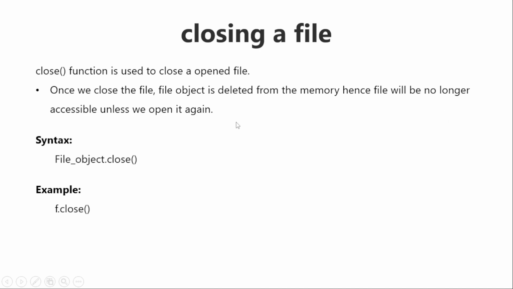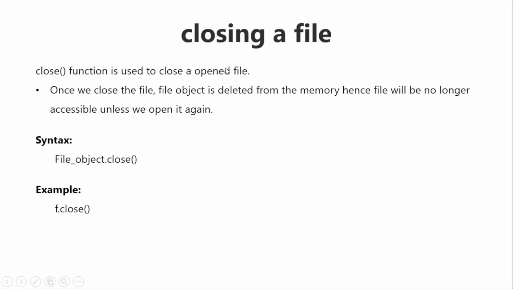Once you open any file, you need to close it, or else there is a chance that the data can get corrupted. Hence whenever you open a file, you must close it. Once we close it, the file object will be deleted from its memory space and it will be no longer accessible unless you open it again.